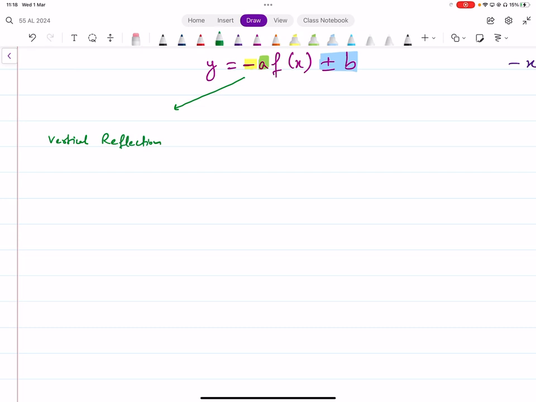Or let me be more specific here, with line of reflection x-axis. This is the first thing that happens.